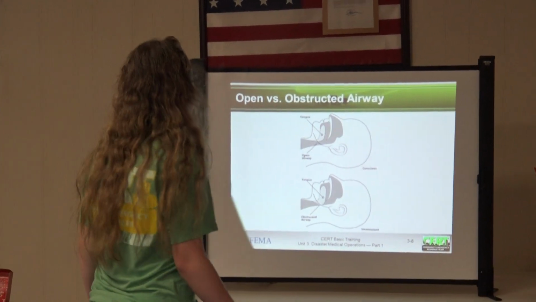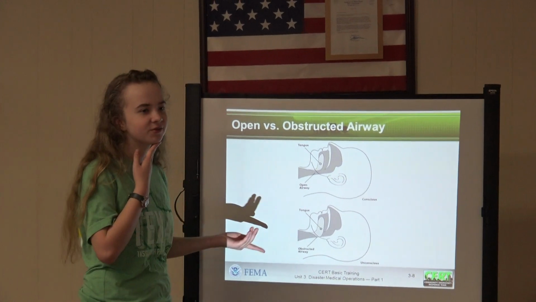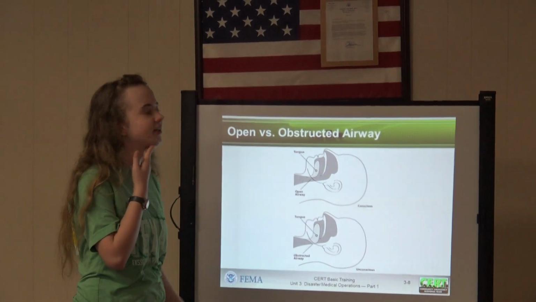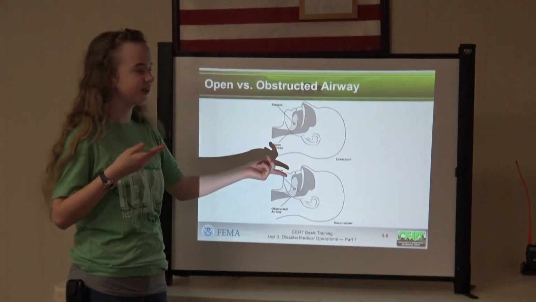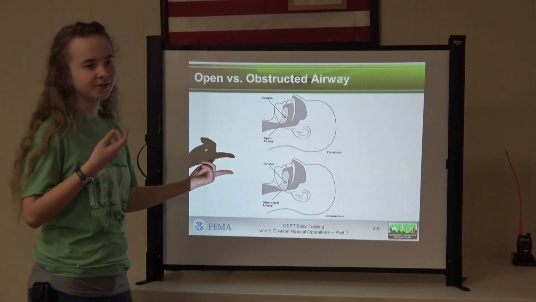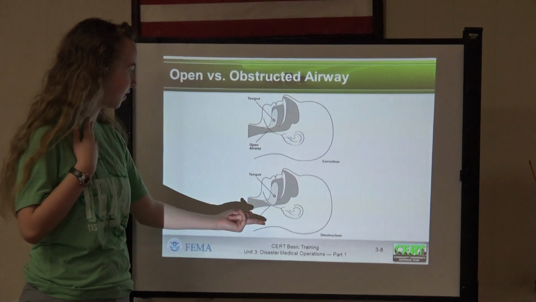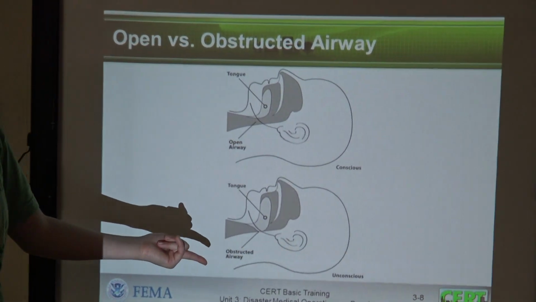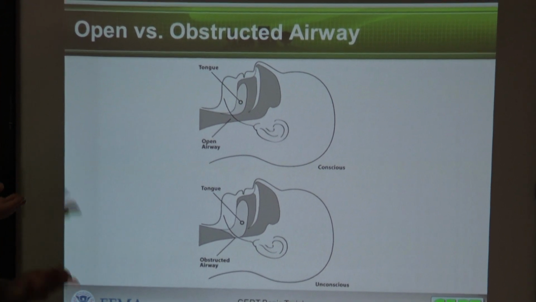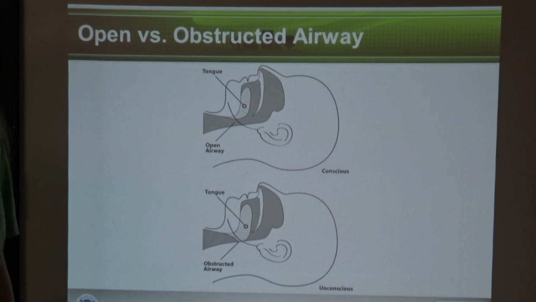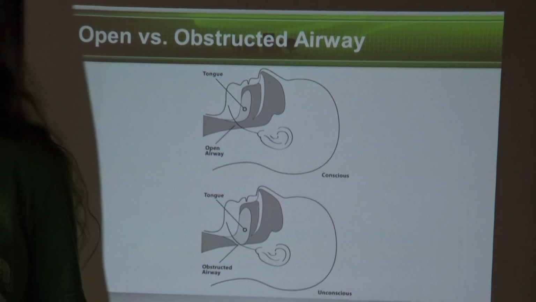Okay, this is really important. The reason you have to tilt the head back is because of the tongue. When someone's conscious, their tongue, the muscle, it knows to stay there. But when they're unconscious, the tongue will slide back, blocking the airway. So the first thing you have to do if they're not breathing is tilt their head back, because it might just be that the tongue's in the way.